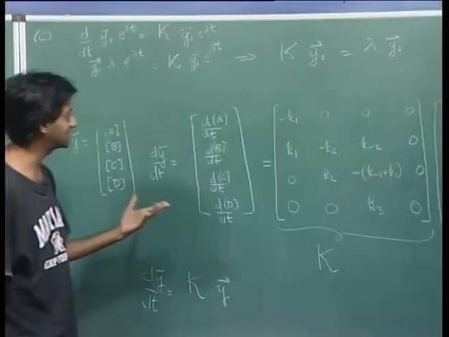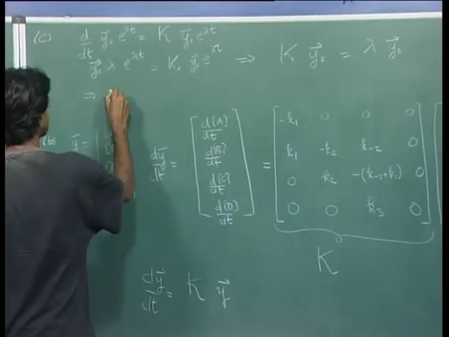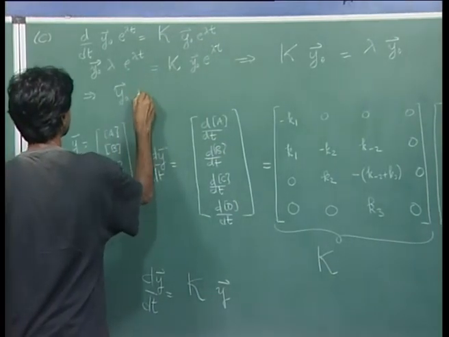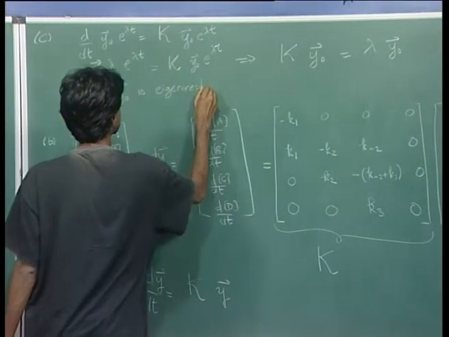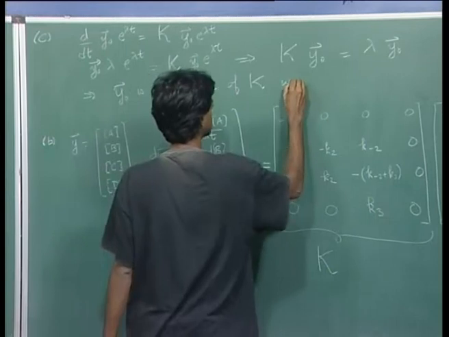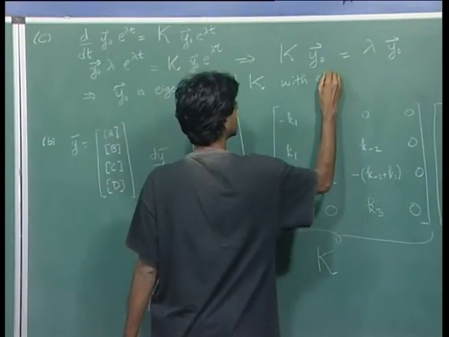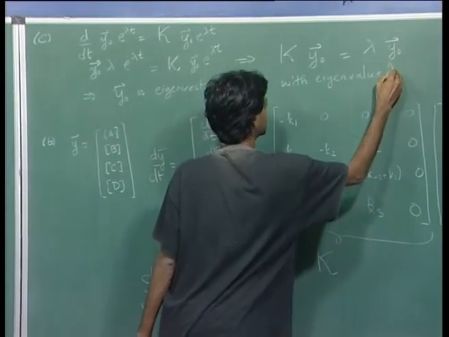So this implies y0 is an eigenvector of K with eigenvalue lambda.